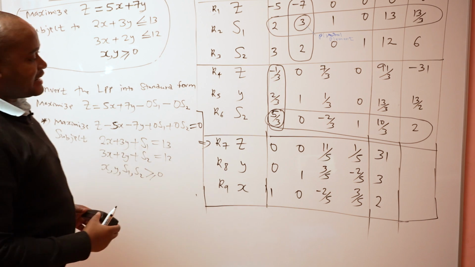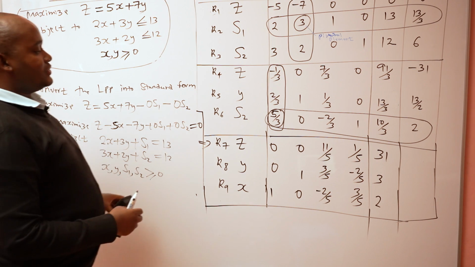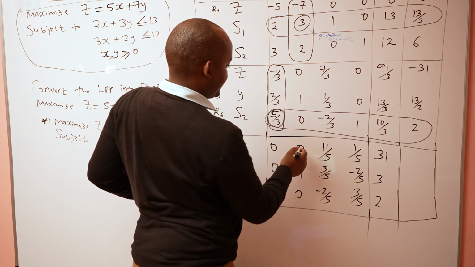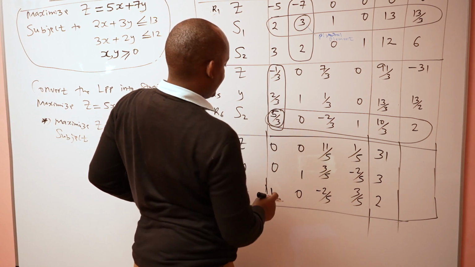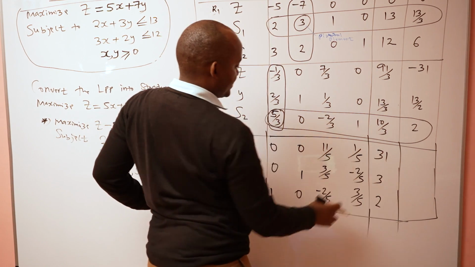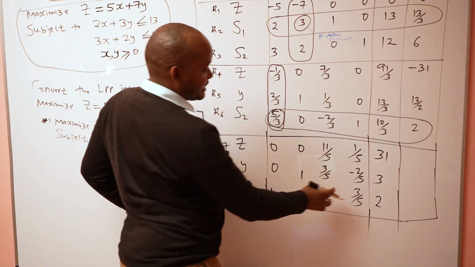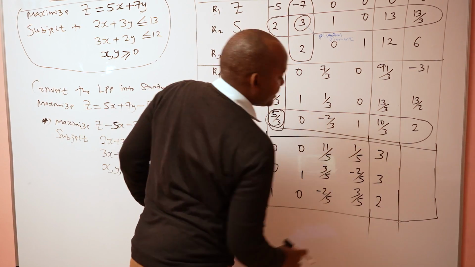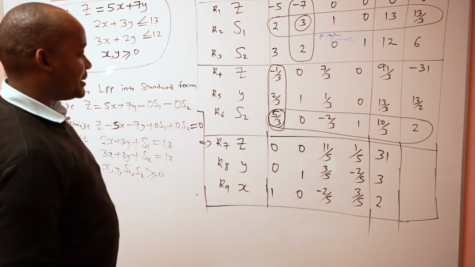We do not have a negative value here. So meaning that we have maximized that particular problem using the simplex method. Now the corresponding values of z, that is z equal to 31, y equal to 3, and x equal to 2 will be the solutions to that particular problem.